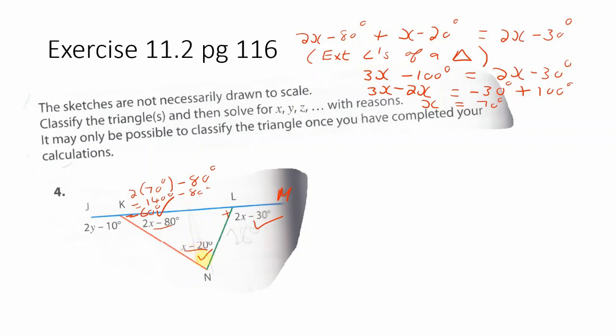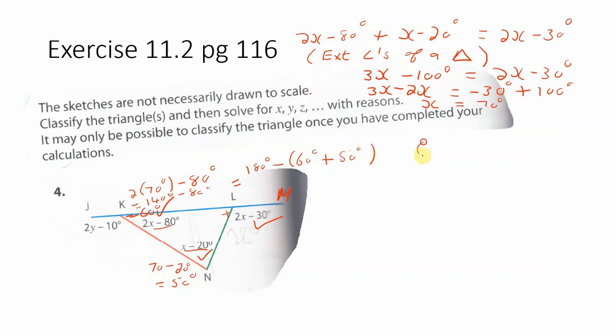Let's look at angle N. So we have now in the place of x 70 degrees. So we have 70 minus 20 degrees, which gives us 50 degrees. And now we can find the angle L, which is equal to 180 degrees minus the two other interior angles of 60 degrees and 50 degrees.